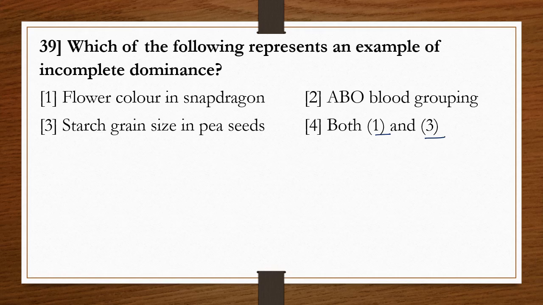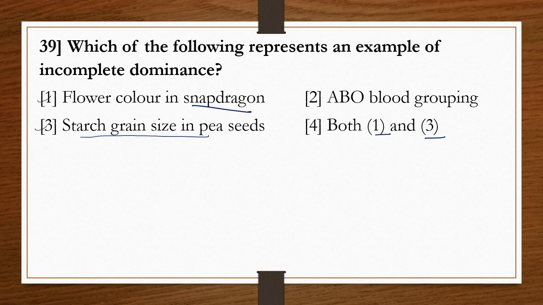We have studied incomplete dominance under snapdragon as well as starch grain. Flower color in snapdragon represents an example of incomplete dominance. Starch grain size in pea seeds is also an example of incomplete dominance. Both 1 and 3 are correct.